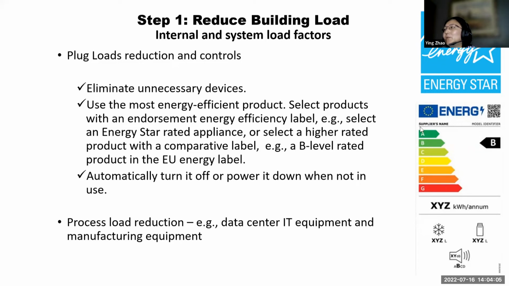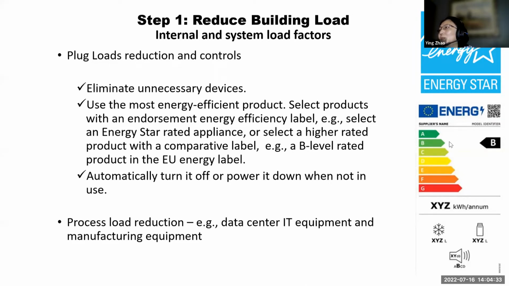You can see levels from A to G, and the label also shows the energy use per year of that equipment and some typical parameters. This one is likely for a refrigerator, so it probably shows the volume of the refrigerator in liters.